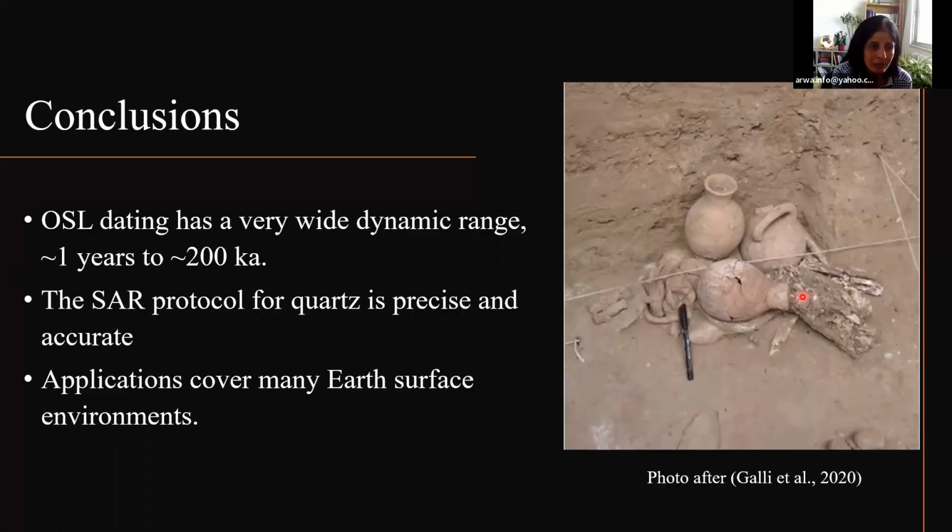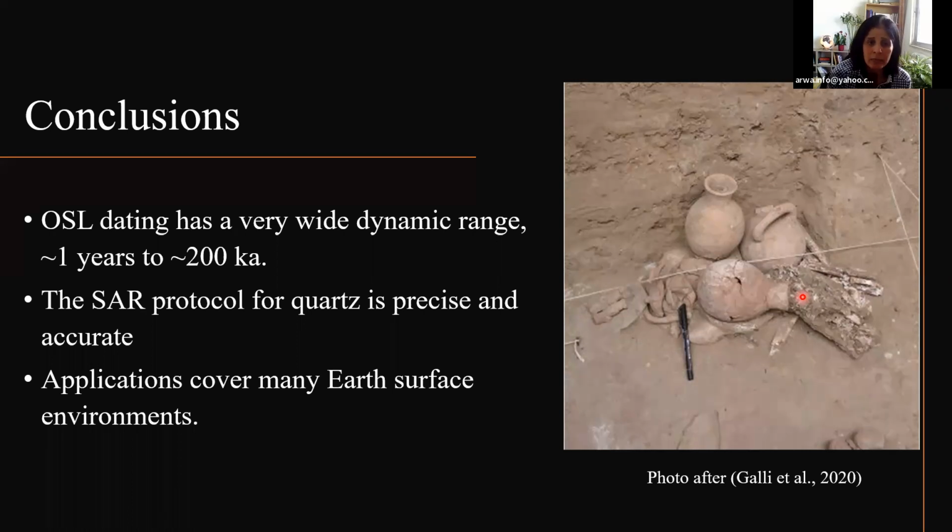As a conclusion, I can say that OSL dating has a very wide dynamic range. It could date from 1 year up to 200,000 years. The SAR protocol for quartz is very precise and accurate, and it is now considered a conventional practice for dating material. Applications cover many Earth surface environments.